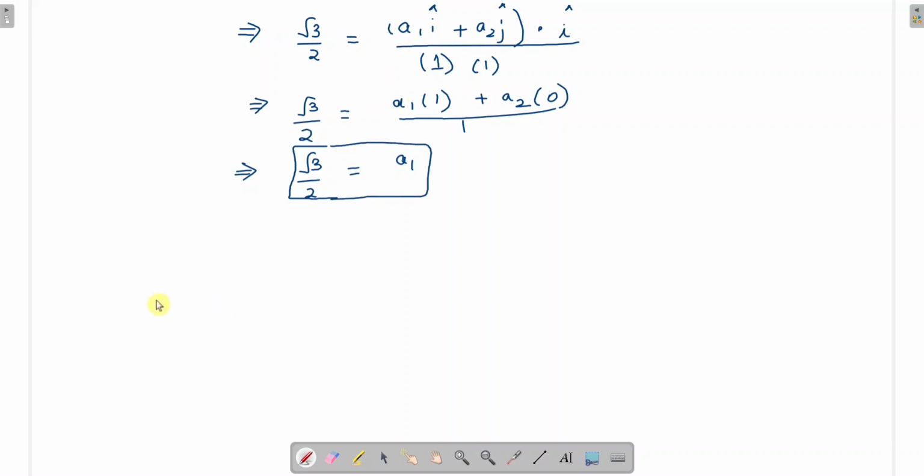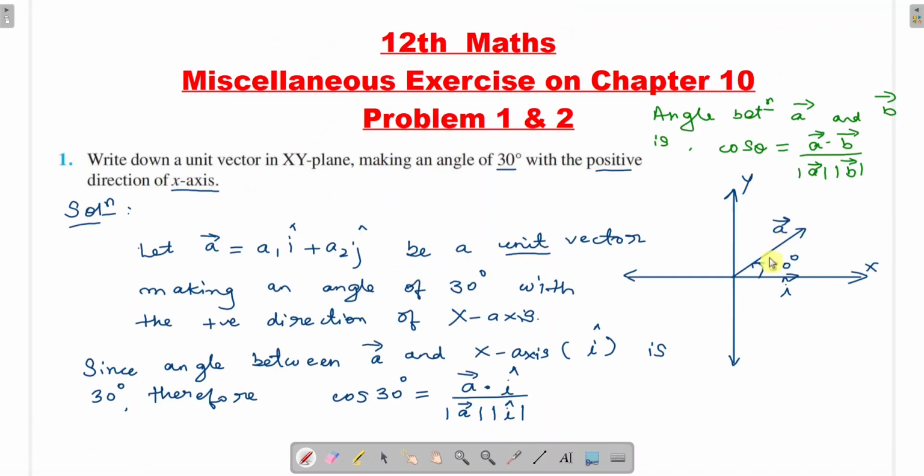Now we can find a2 similarly. If you look at this vector a bar, since the vector is making an angle of 30 degrees with the x axis, this vector is also making an angle of 60 degrees with the positive y axis. So that we will use.